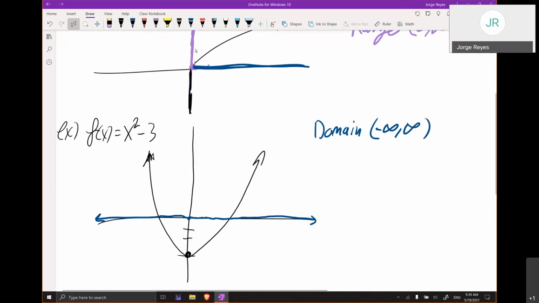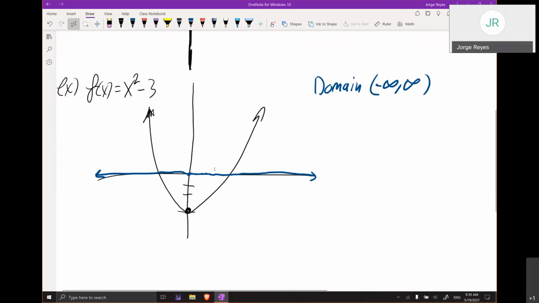The range though, if we stare at this thing, we get all of this, but then is there ever going to be a piece of the function down here? No, because this goes up forever and this goes up forever. So I will never be down here.